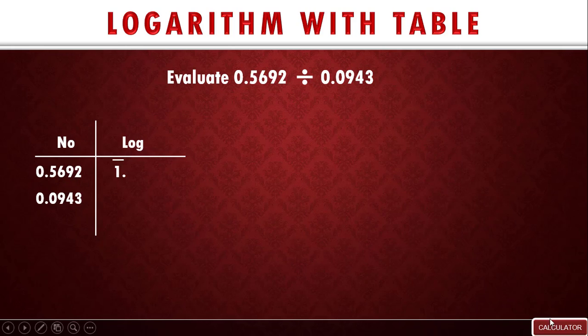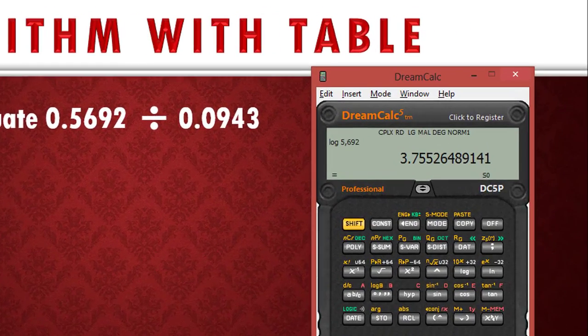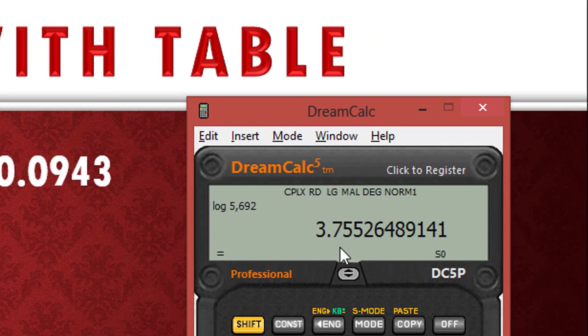So find your calculator and then press log 5692, then press equals or enter. Since I said we're making use of a workaround, the only number that we need here is the mantissa, which is the 4 digits after the decimal.